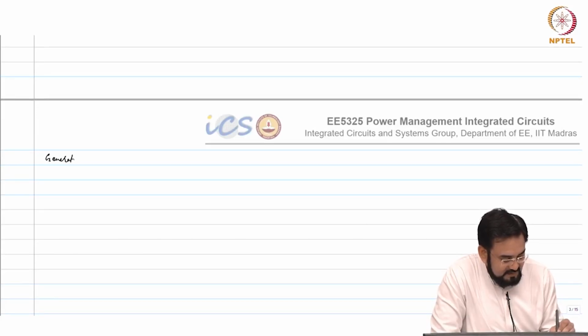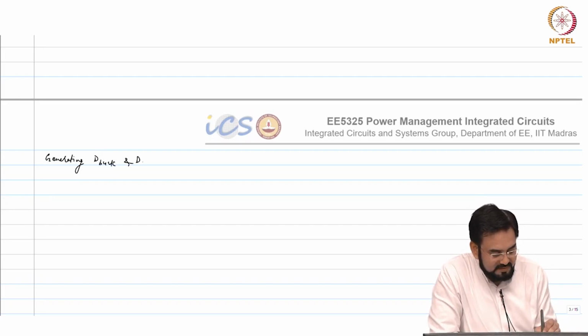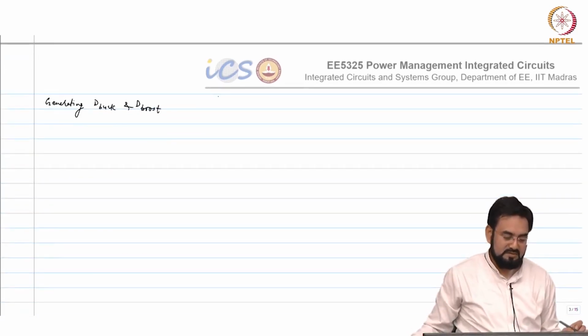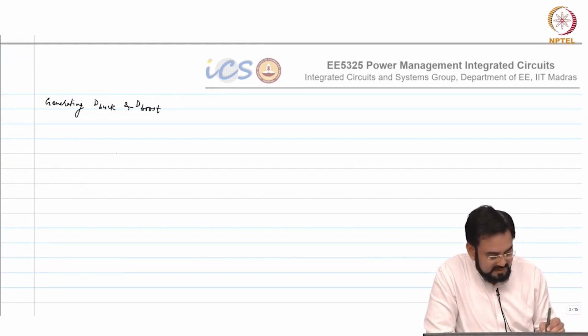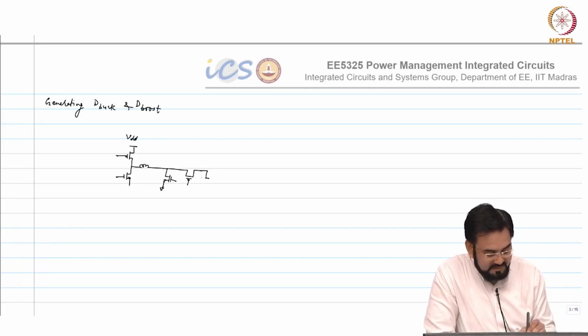Generating Dbuck and Dboost. So let's say this is my... then, okay, this is your VDD and this is your Vout.